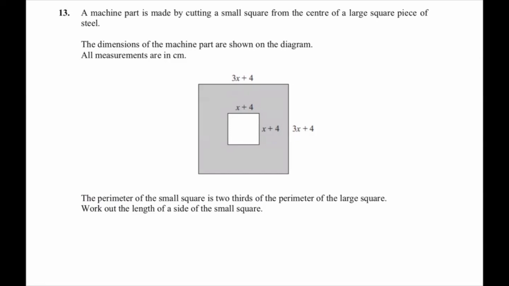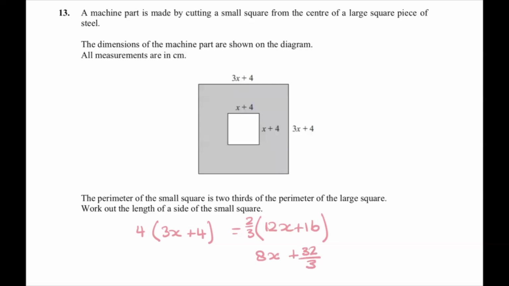So the edge of the large square is 3x plus 4. For the perimeter, I want to times that through by 4, which is going to give me 12x plus 16. I want 2/3 of that, which is going to give me 8x plus 32 over 3.